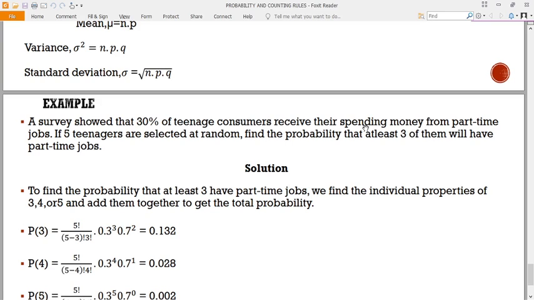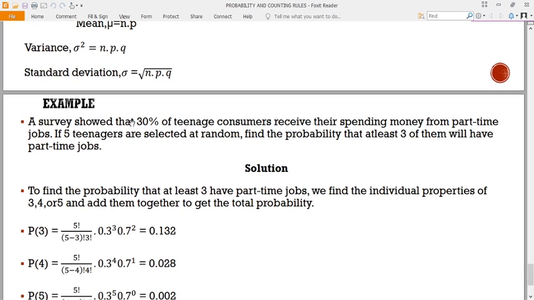If the question was find the probability that 3 of them will have part-time jobs, then we could only stop at 3. But now they want at least 3, meaning 3 and above. But our maximum number of teenagers was 5, so we shall get the probability when 3 of them get their money from part-time jobs, when 4 and when 5, and at the end we shall add the different individual probabilities.